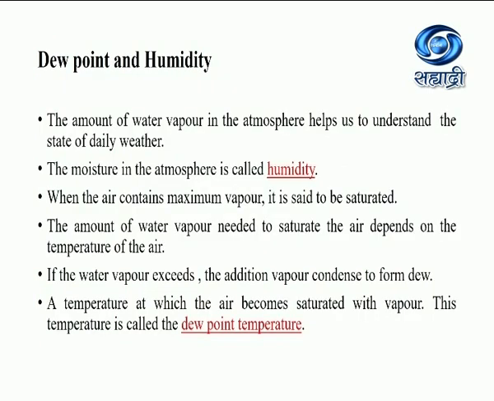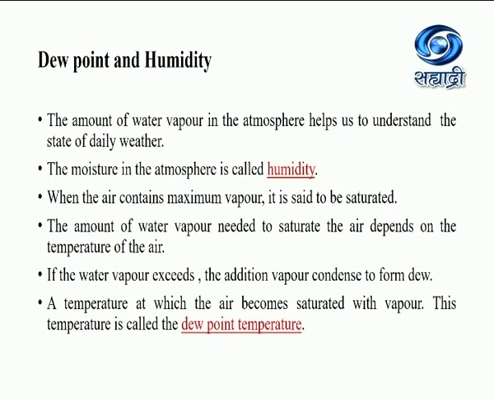Sometimes we say that today's weather is dry or humid. How do we decide this? We decide the state of daily weather on the basis of the amount of water vapor in the air. The amount of water vapor in the air is called humidity. For a given volume of air at a specific temperature, there is a limit on how much water vapor the air can contain.